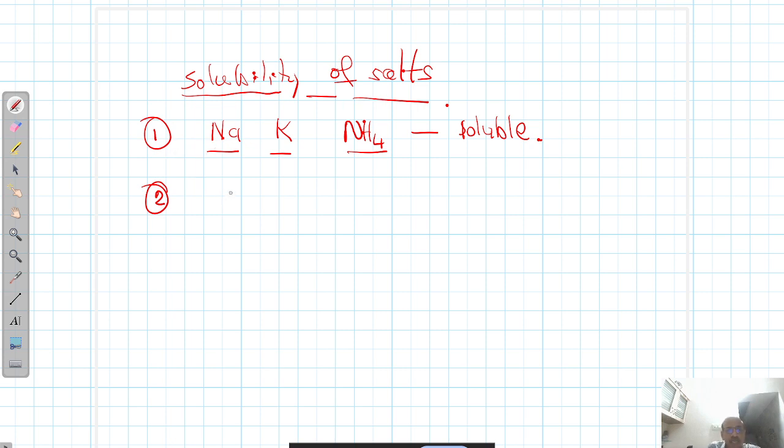All nitrates and nitrites are soluble, with no exception. Sulfides, carbonates, hydroxides are soluble.